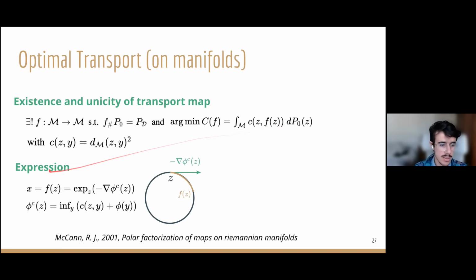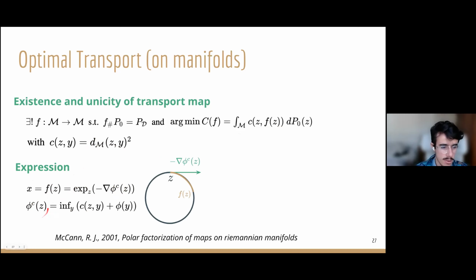What's also nice is that the map has an expression, and it is given by the exponential map of a convex potential. Here, convexity on a manifold is defined as c-convexity, c being half of the squared geodesic distance.